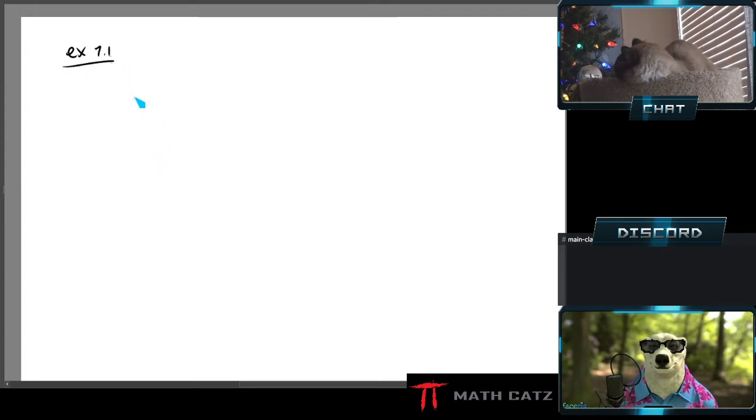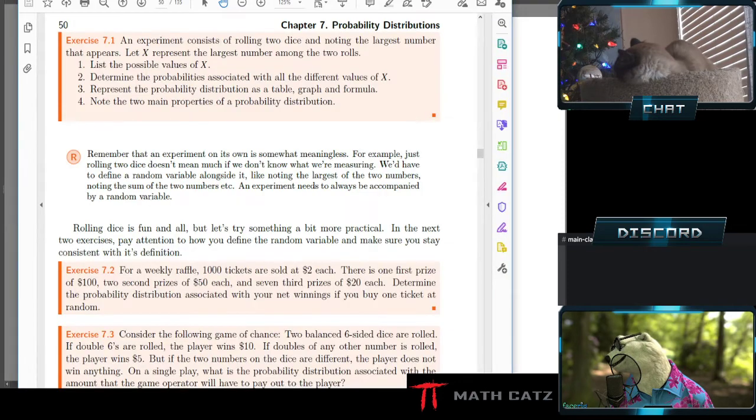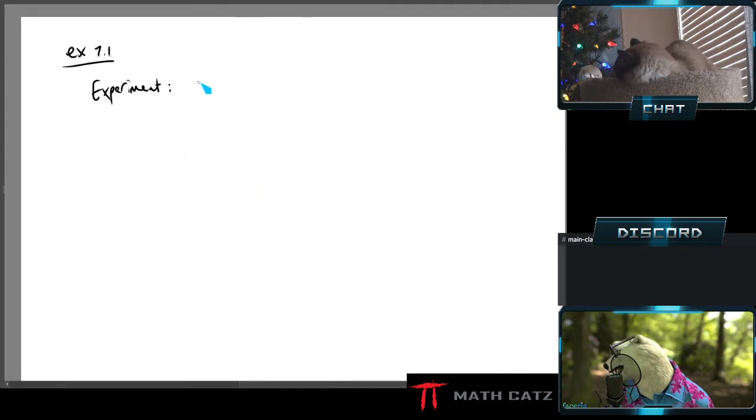7.1, we said. Okay, so we have an experiment, and it's now going to be important to be very aware of the action that we're doing to create results. And then there are probabilities associated with what could happen, of course, right? So in this case, it says we are rolling two dice.